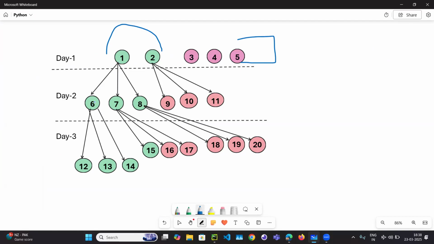One will share with 3 of their friends, and 2 will share with 3 of their friends. So on day two, how many people have received? 3 plus 3 is 6. So 1, 2, 3, 4, 5, 6. 6 people have received.